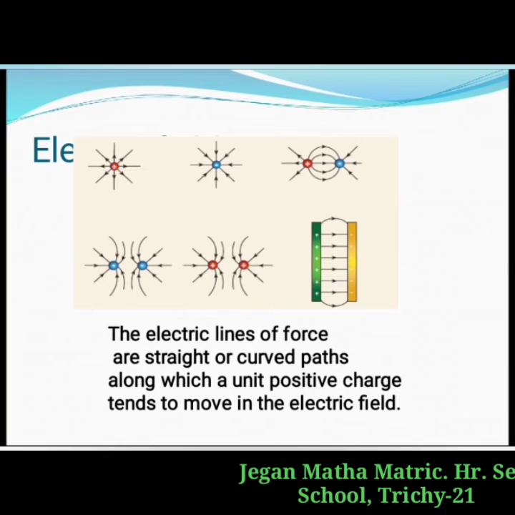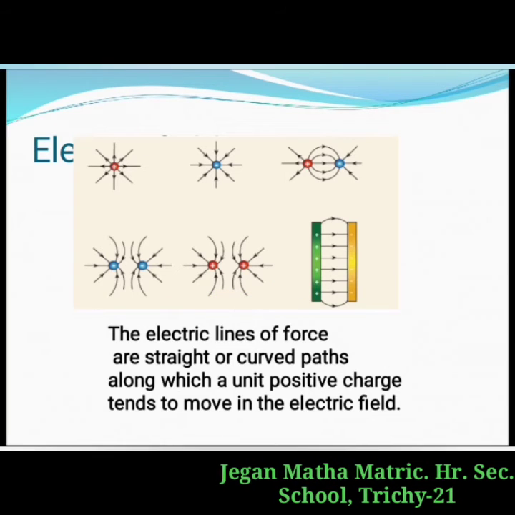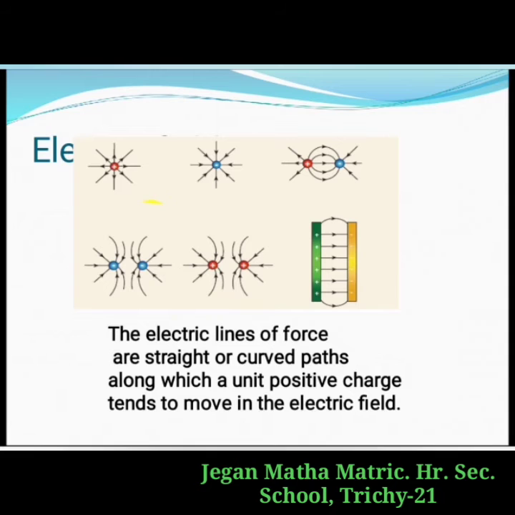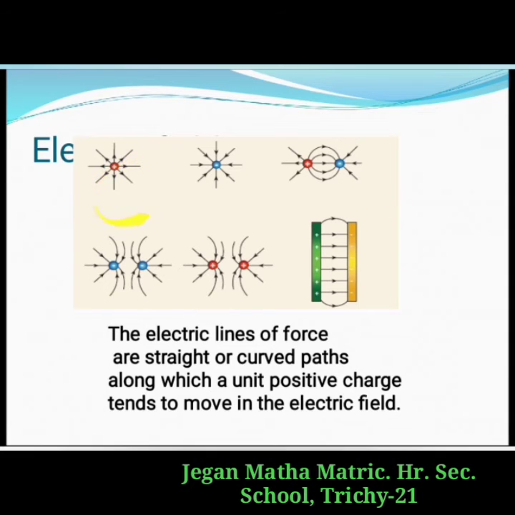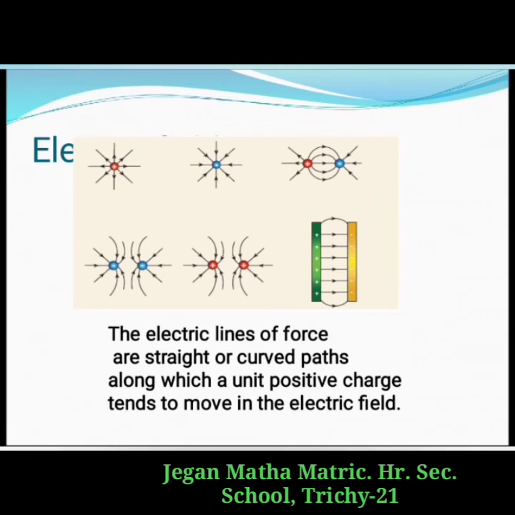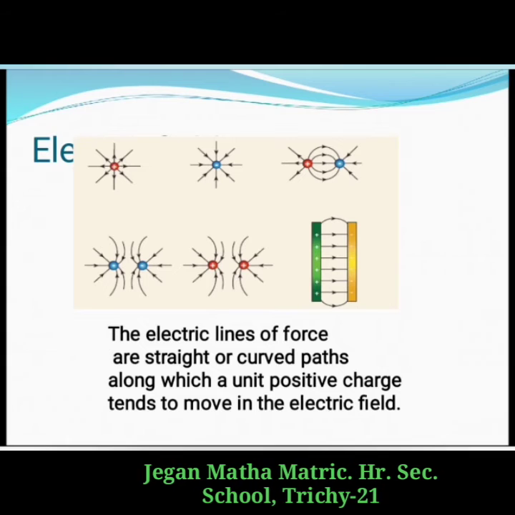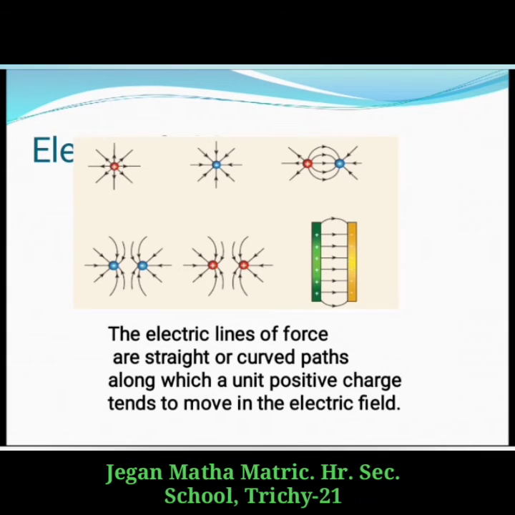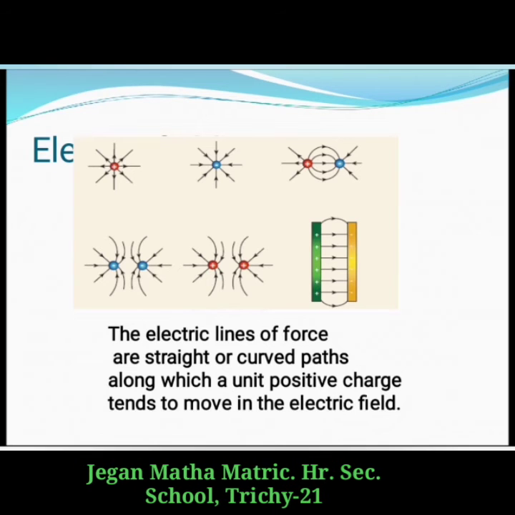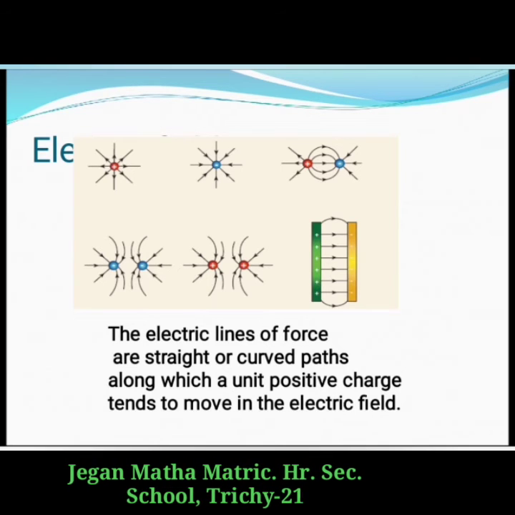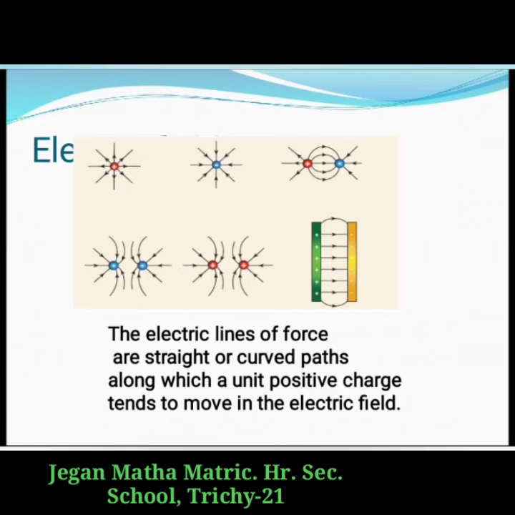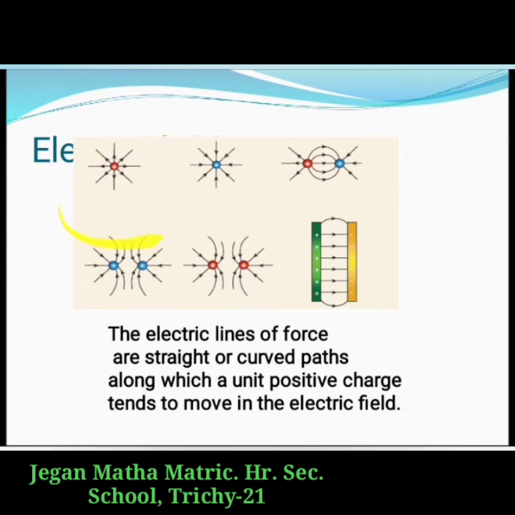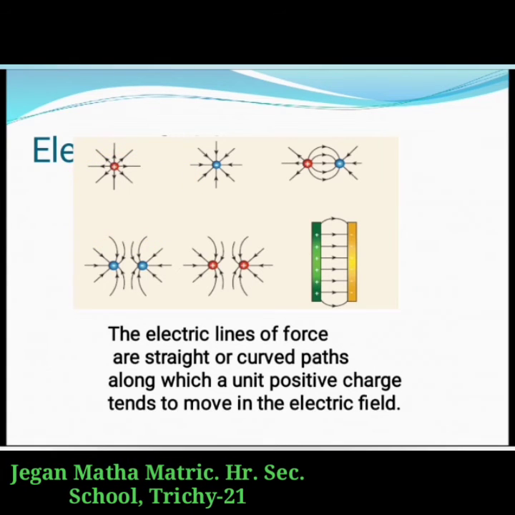Electric field is represented by the letter E. The direction of the electric field is the direction of the force that would act on a small positive charge. Therefore the lines representing the electric field are called electric lines of force.